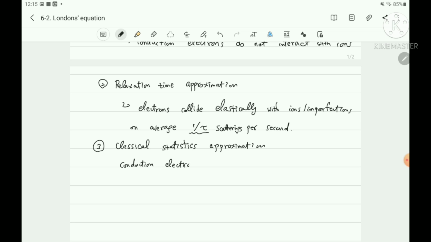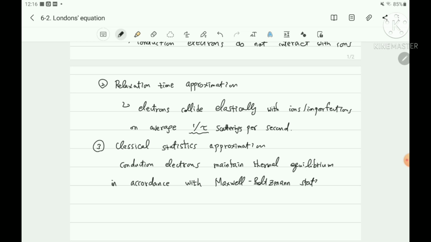Conduction electrons maintain thermal equilibrium in accordance with Maxwell-Boltzmann statistics.